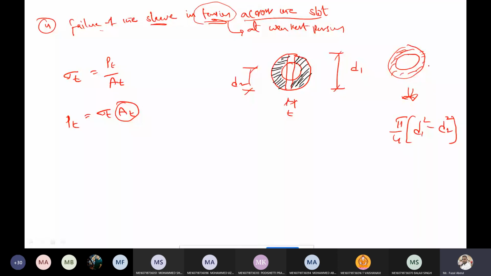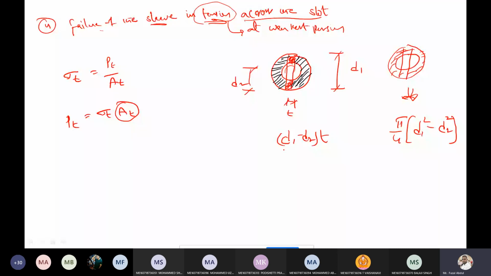Now after this, what are we doing? We are providing one slot here, meaning removing the material. So what is the area of the slot? This particular area we need to take into consideration, because here in the middle there is no material. Here we are removing the material. How much material are we removing? d1 minus d2 into t.